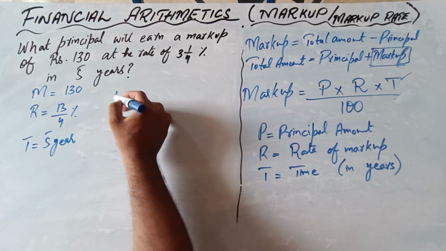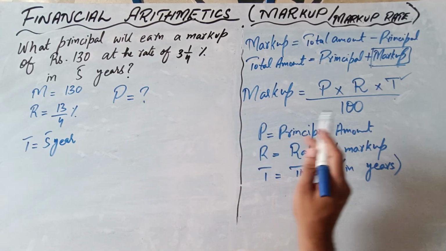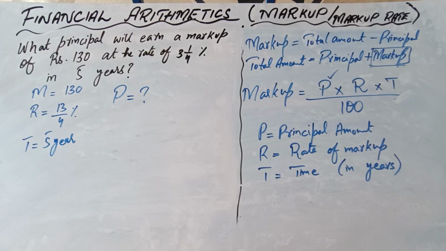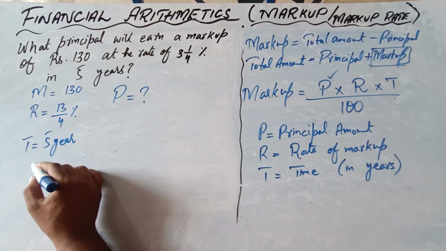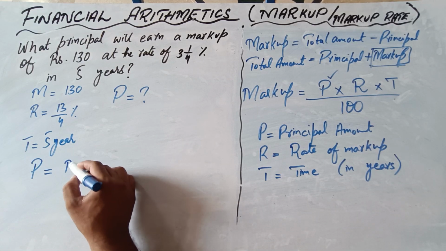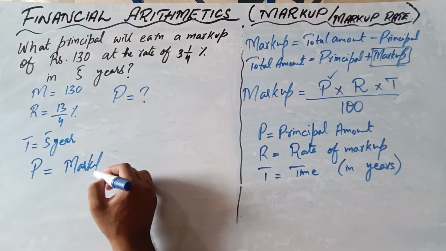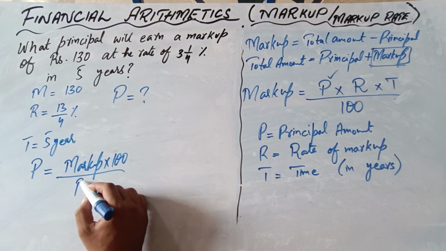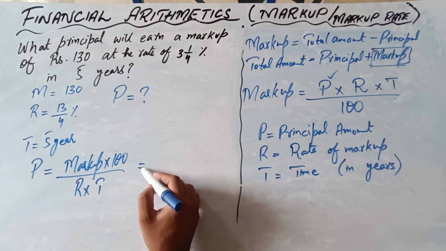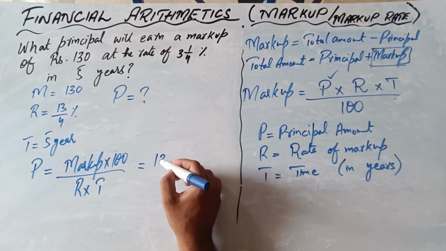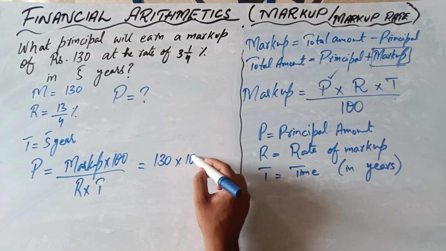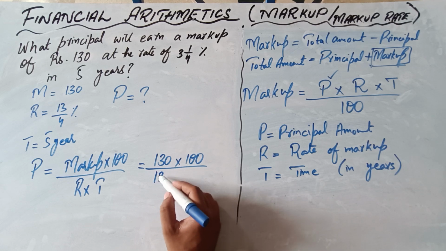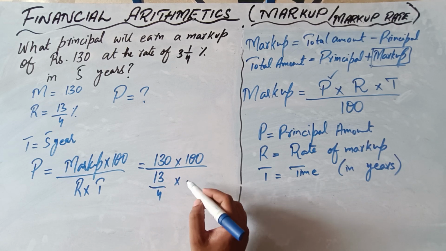So we need to find out the principal amount. This time we need to make principal the subject of the equation. So principal is equal to markup multiplied by 100 upon R into T. So markup is rupees 130 multiplied by 100 divided by R. R is 13 upon 4 multiplied by T.